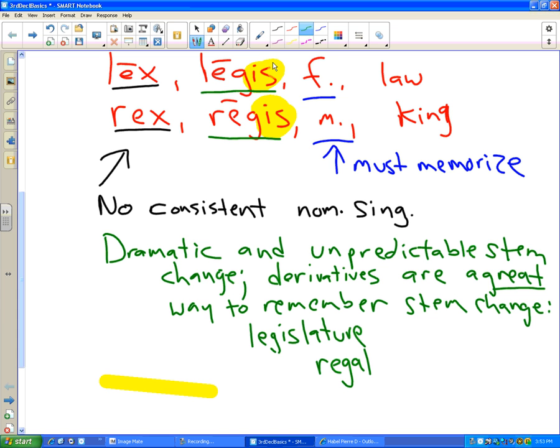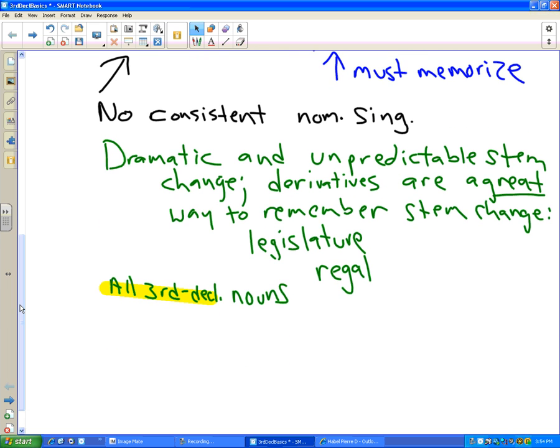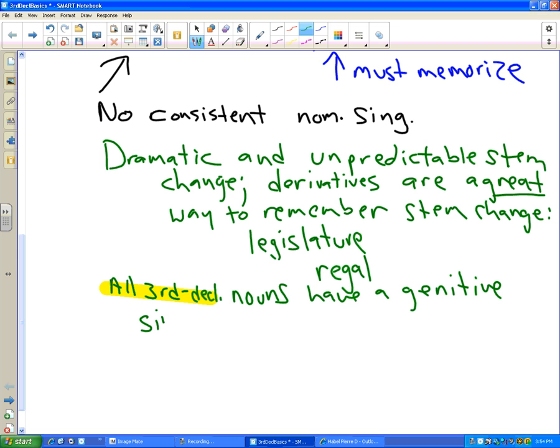Is the fact that all third declension nouns, let me just give myself a little bit more writing room here, have a genitive singular ending in is. In other words, that's the marker that a noun truly belongs to the third declension.